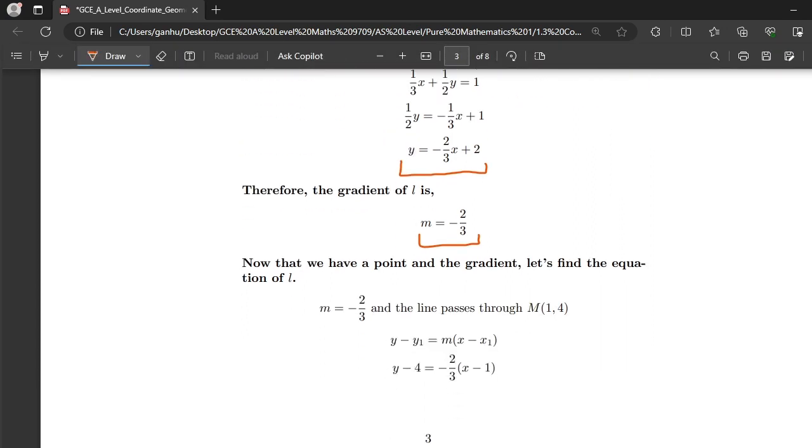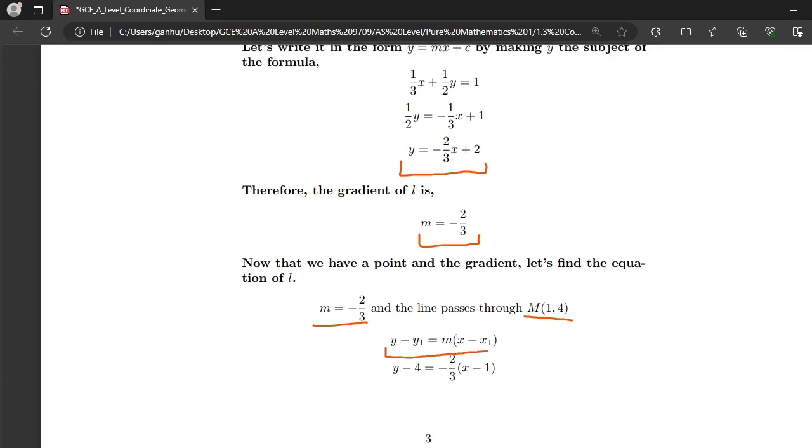Now that we have the gradient as well as a point that lies on the line, we can find our equation. In this example, we're going to use the form y minus y1 is equal to m times (x minus x1), where y1 is the y coordinate here, x1 is the x coordinate here, and m is our gradient.